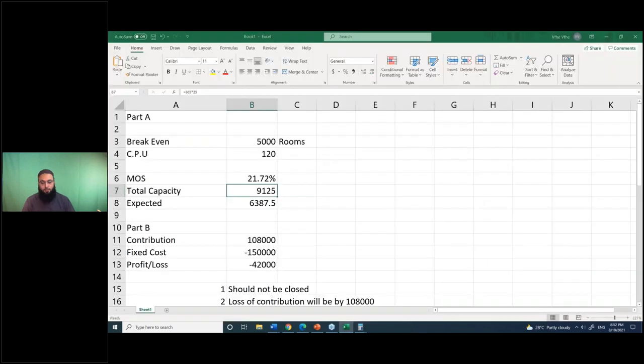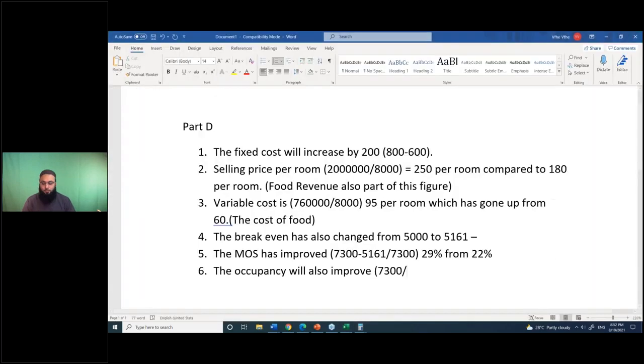Okay. So 9125, which means that your capacity now is 80%. That's good. 80% from 70% previously. So you can see this is what you have to write, and again, no bullets.